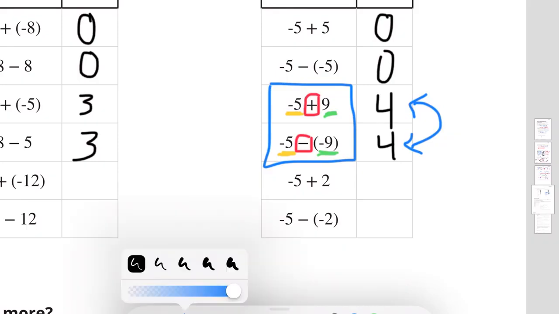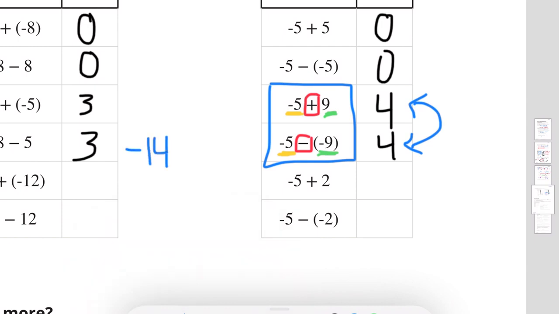So for example, if I have, let's say, -14 minus 3, I would want to change that to addition so that I could complete a number line diagram, and so that it's easier to think about number lines when I'm solving. So if I have negative 14, that would stay the same.